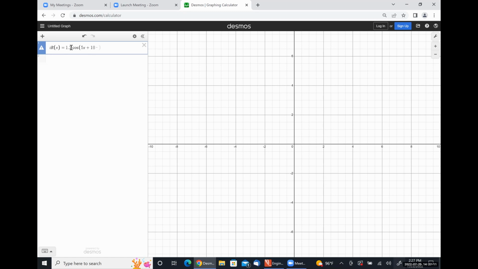And because this particular graphing tool is expecting our angle to be in radians, I'm going to multiply that 10 degrees by a factor of pi over 180, which converts that whole angle into radians.